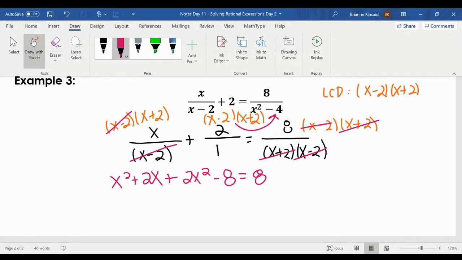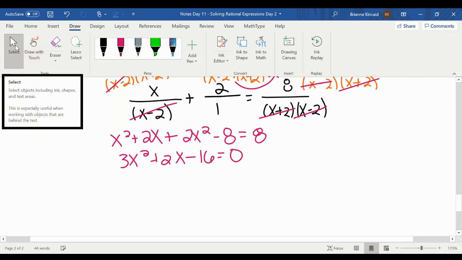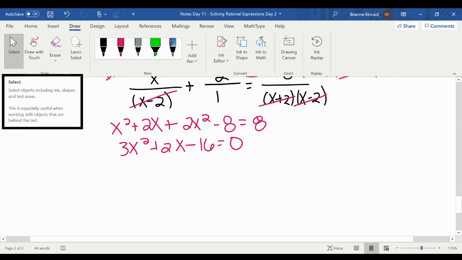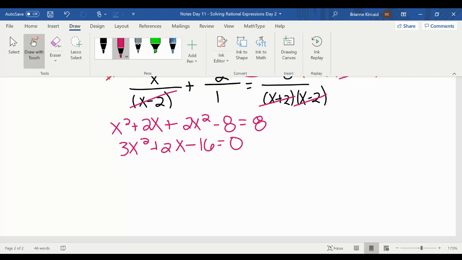Now, once again, combining your terms and moving the 8 over, we're going to get 3x squared plus 2x minus 16 equals 0. I'm going to have to do my guess and check method. So I have 3x times x, because I know that's how I have to get to 3x squared.